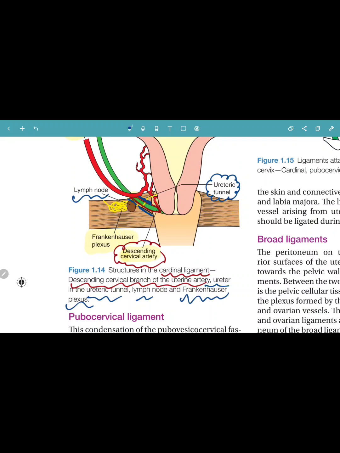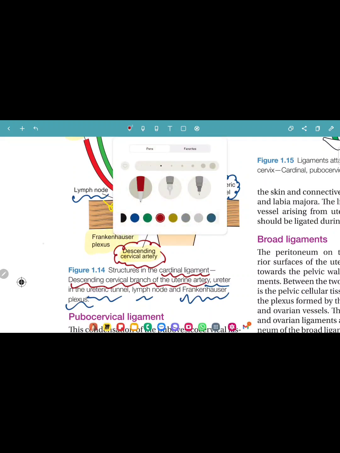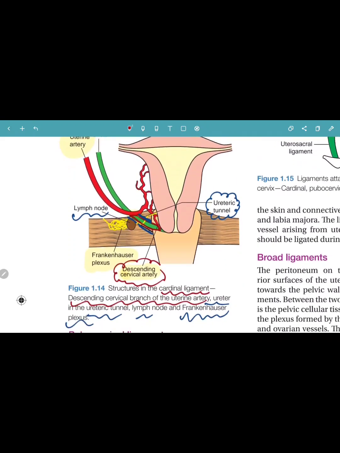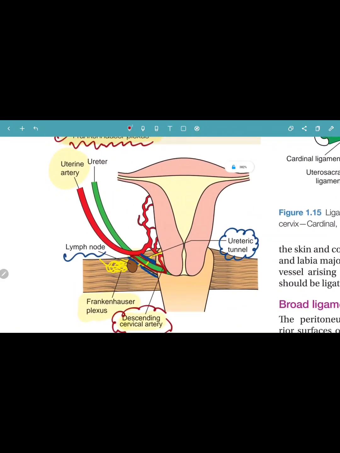So again, let's revise the structures of the cardinal ligament. This ligament over here is your cardinal ligament, otherwise known as Mackenrodt's ligament. What are the structures in this ligament?